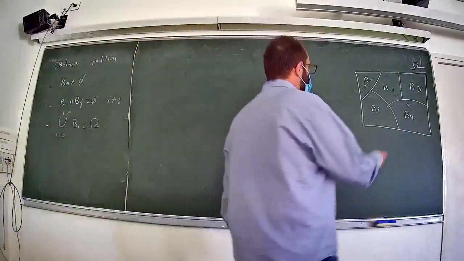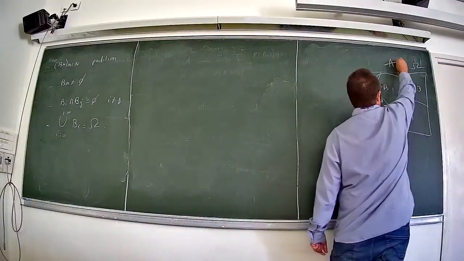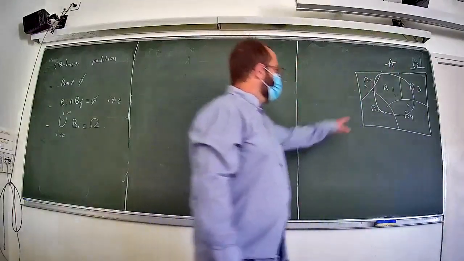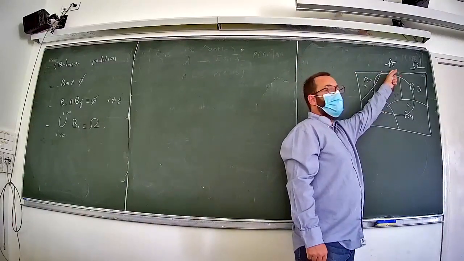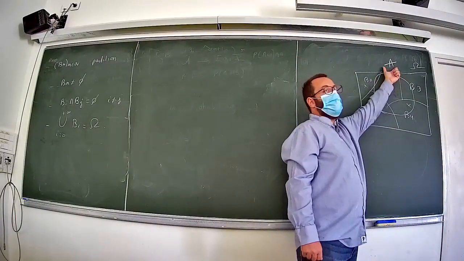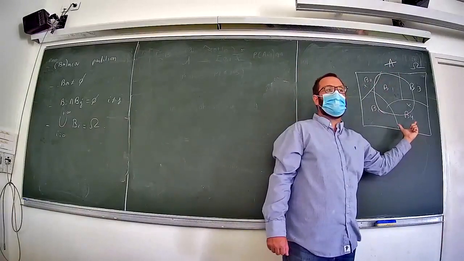What will be the idea? Imagine that you have a set A here, that is what I have drawn here. It is possible to have a formula that expresses A in terms of intersections with the elements of my partition.